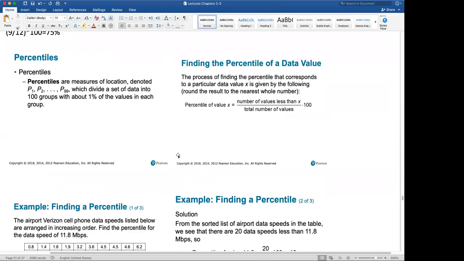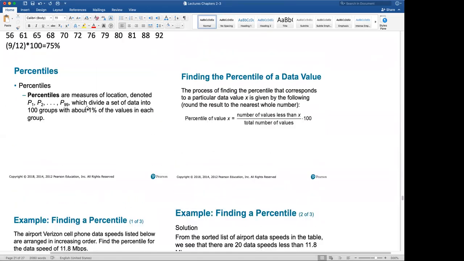Now next one, you see this lecture slide. Percentiles are measures of location denoted P1 through P99, which divide the set of data into 100 groups with about 1% of the values in each group. You may see these notations in the online homework, so please be familiar with the notation P1 through P99. It means percentile.